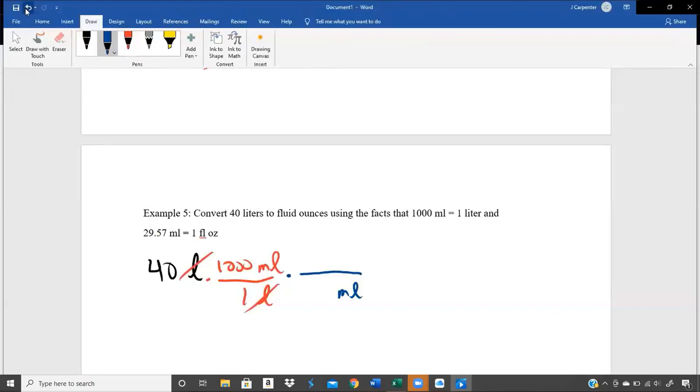Well, this is milliliters to liters, but if we use that one, we're going back to what we originally had in liters. So don't use that one. We already used it, so we probably don't use it again unless it had, you know, inches squared, feet squared, which we'll do another example of later. We're using this one. The 29.57 milliliters is 1 fluid ounce. So 29.57 milliliters is 1 fl oz.